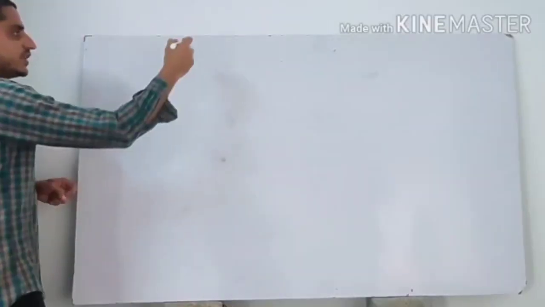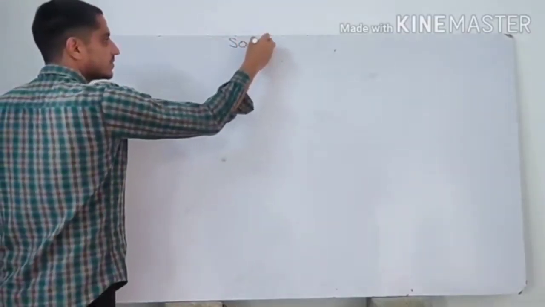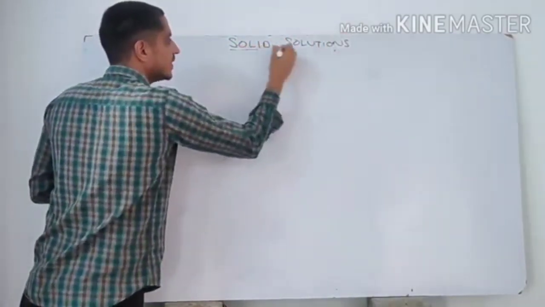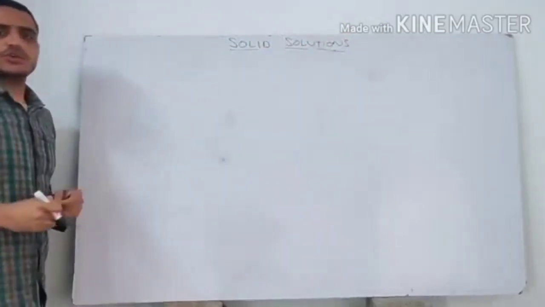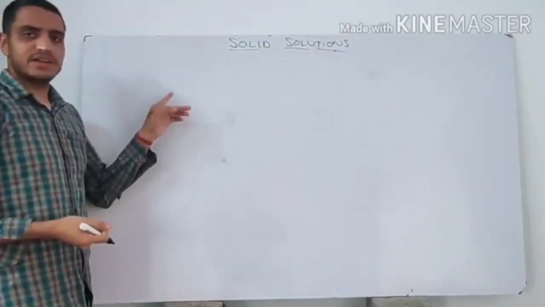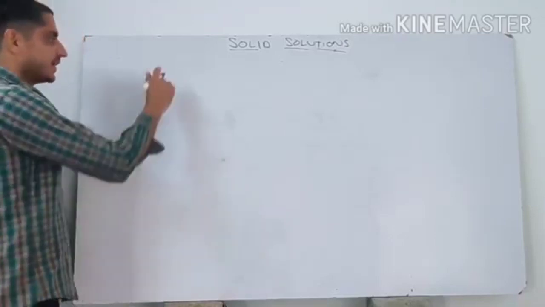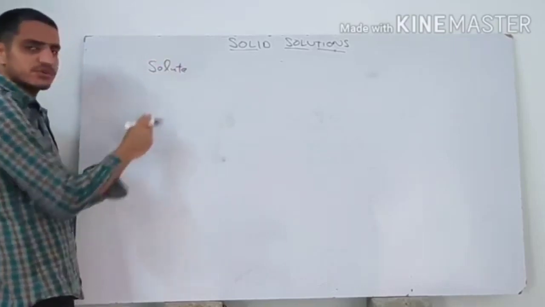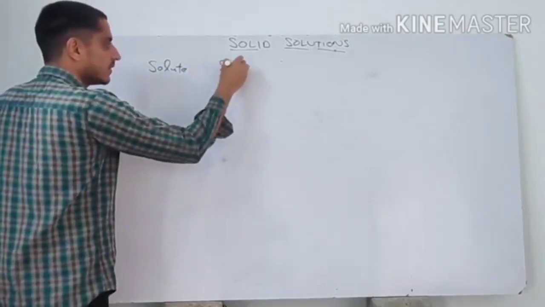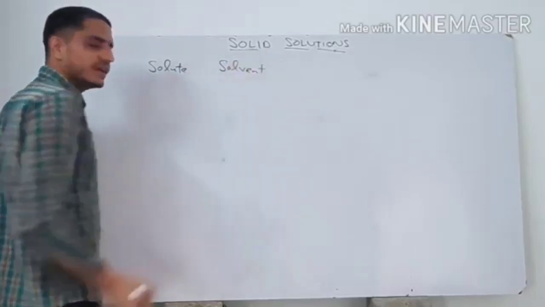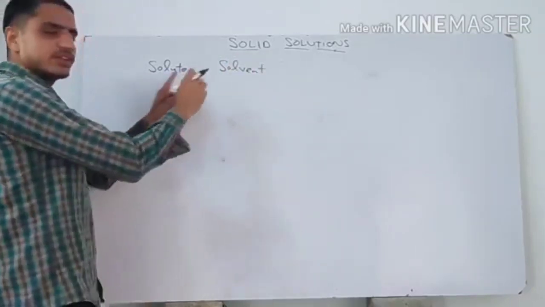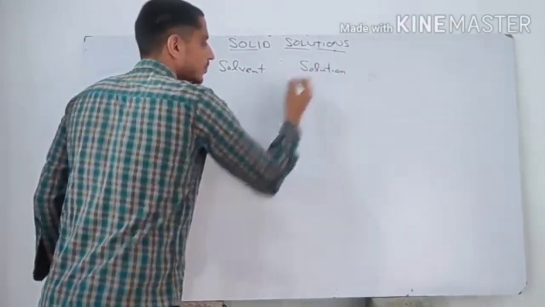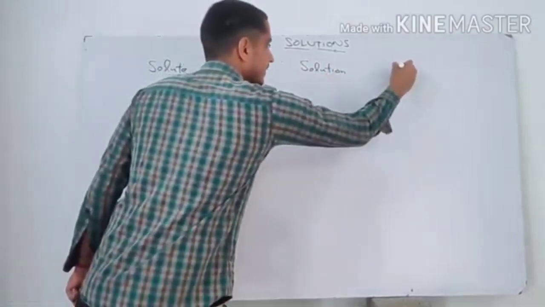Okay. So solid solutions. So to remember the solutions well, I will make a table. According to the table, we also learn. The first part of the table will be solute, the phase of solute, then solvent, then solute and solvent will combine to form solution, and then I will give you example.